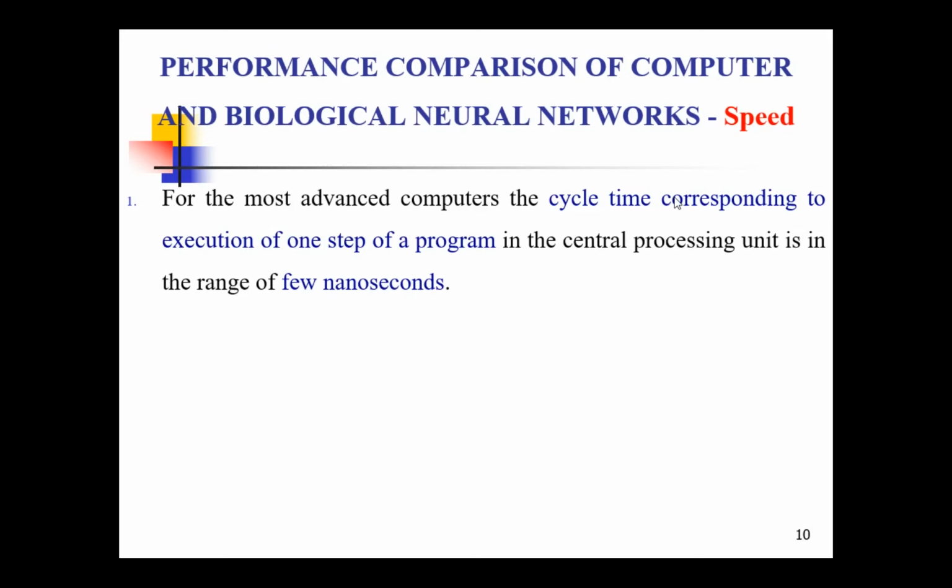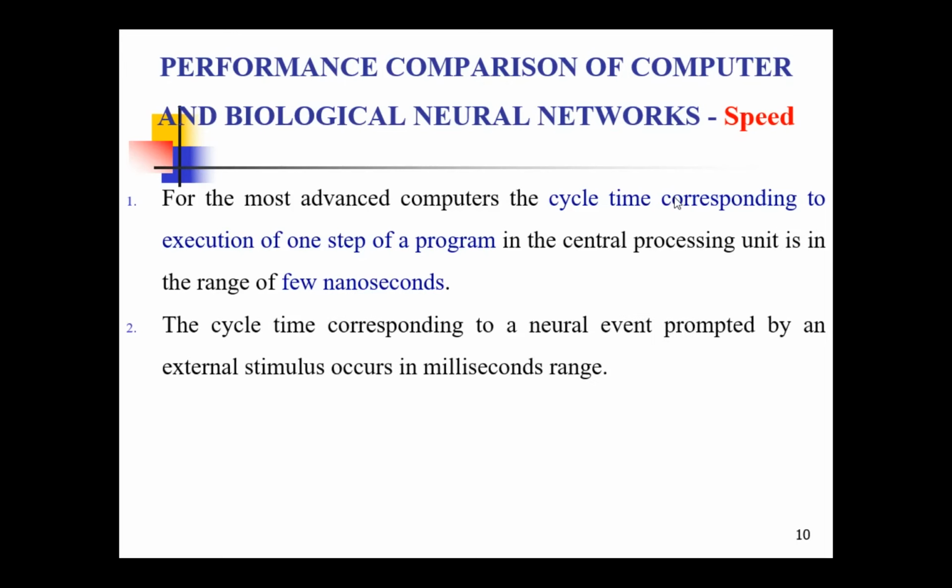In most of the advanced computers, the cycle time is in the range of a few nanoseconds for executing a single step in a program. A program consists of many lines or many subprograms. So processing each step or each line of a program takes only a few nanoseconds.